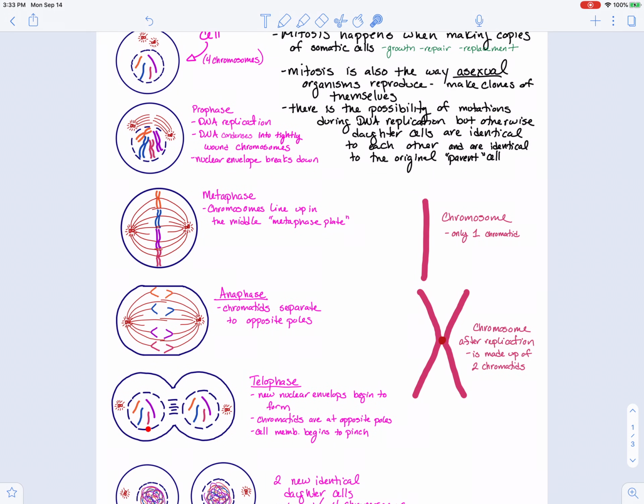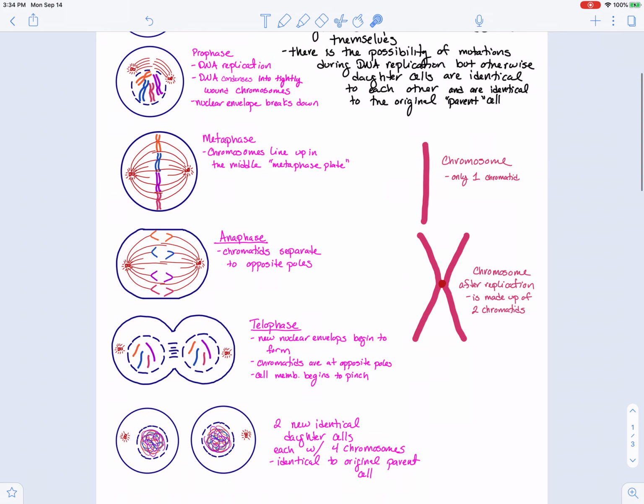And then what we get during telophase is 46 chromosomes in the left pole and 46 chromosomes on the right pole. Once it totally splits, we've got 2 new cells: 46 chromosomes in one of the new cells, 46 chromosomes in the other new cell, and both are identical to the original parent cell that also had 46 chromosomes.